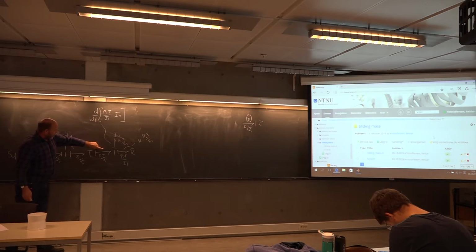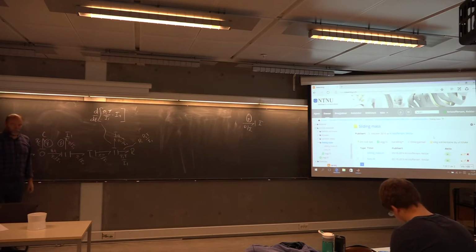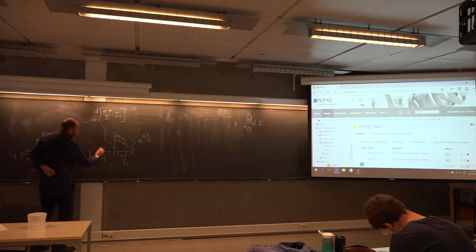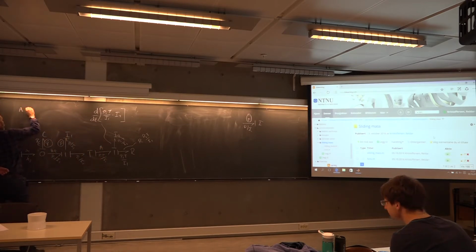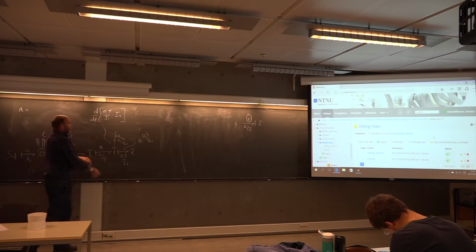Now I'm running out of space here. What then about the effort here and the effort here? Well, we have to find them somehow. I can find an effort here, A, by using the summation rule around this one junction. So the effort in equals the effort out.